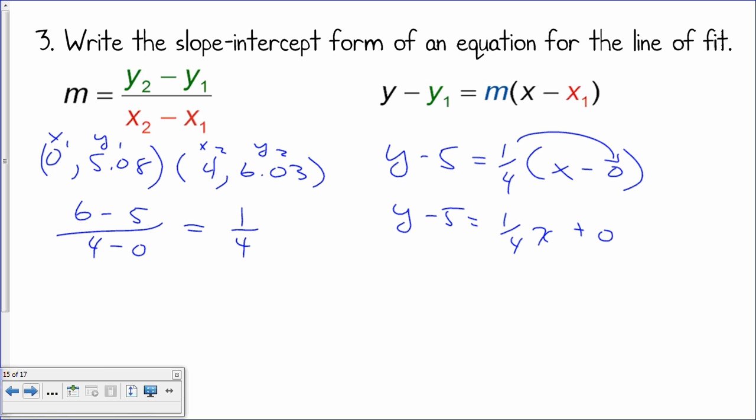Okay, so add 5. y equals 1/4 x plus 5. But in actuality, you guys know that it's not just 5 though, it's what? 5 point something, isn't it? Okay? Oh, yeah, remember? That's what we said, right? Okay.